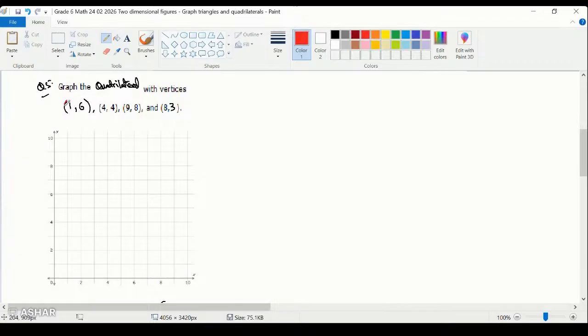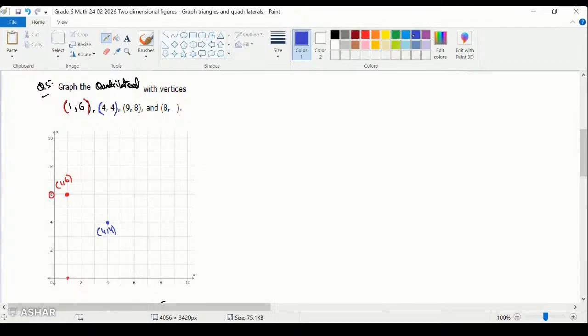we can say if we need to plot 1, 6, we say this was 1, this was 6. This coordinate comes out to be 1, 6. The next one is 4, 4. Agreed? 8 and 3. Let's keep this as a bigger number. 4, 4 would be this coordinate.